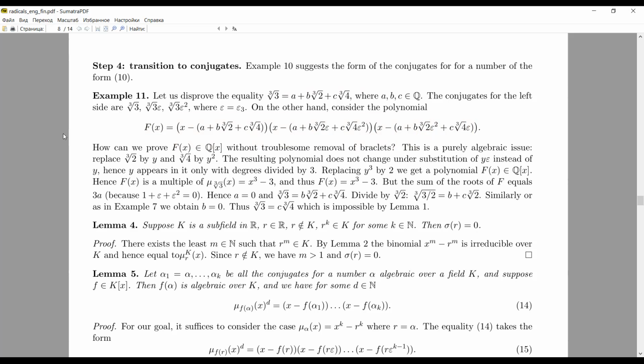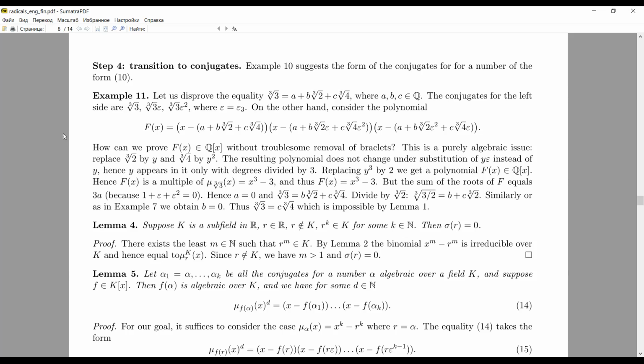In order to prove it, we consider one more polynomial, which is obtained from f by replacing the cubic root of 2 with an indeterminate y. This resulting polynomial doesn't change under substitution of y epsilon instead of y. Hence y appears in it only with degrees divisible by 3. So replacing y cubed by 2 backwards, we get a polynomial over Q.